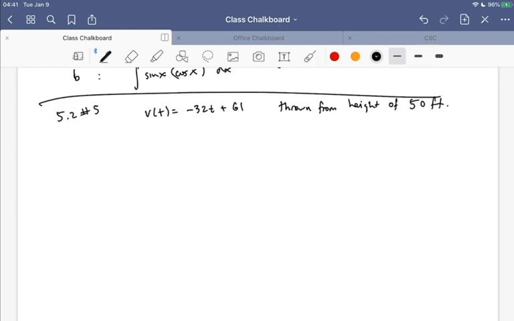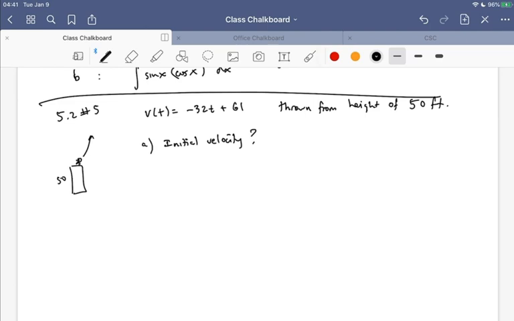So basically, the picture would be that we chucked something from a 50-foot building or something like that upwards, and that's my beautiful artwork. You can all print it out and put it on your refrigerators. It's so gorgeous. Okay, and so we've got a whole bunch of questions to go here. So the first question is, what's the initial velocity?